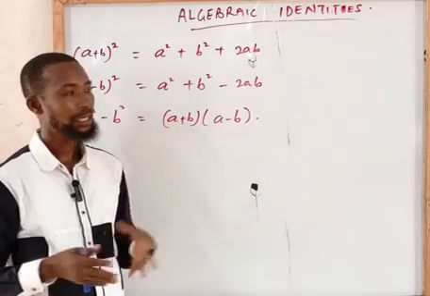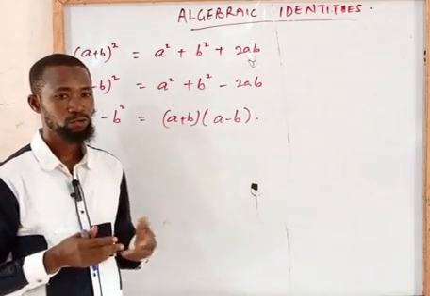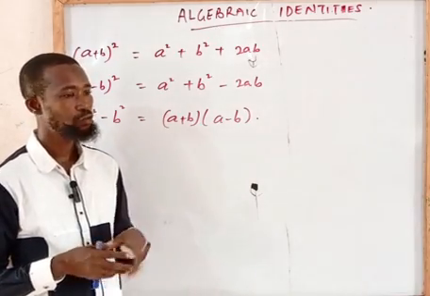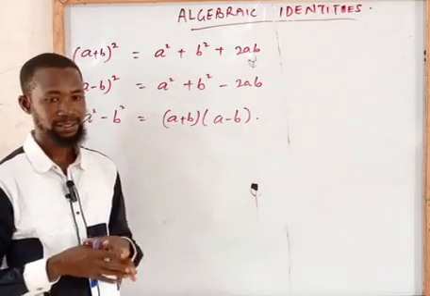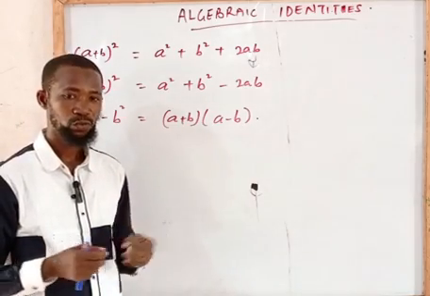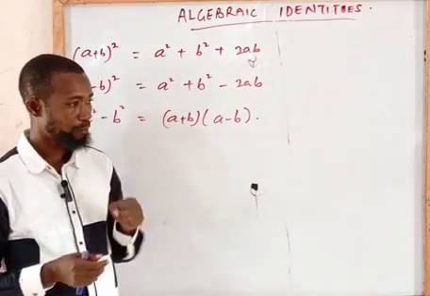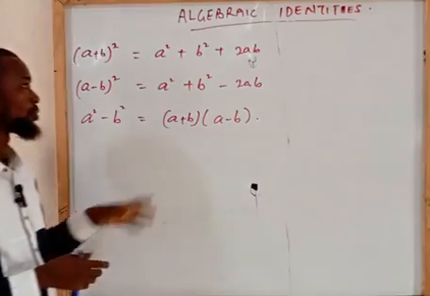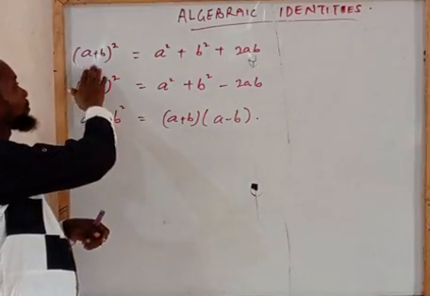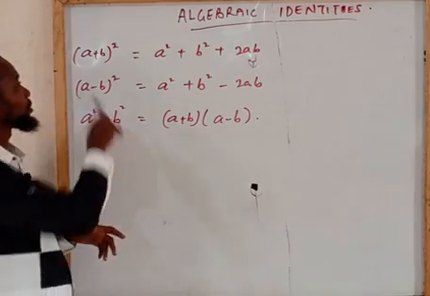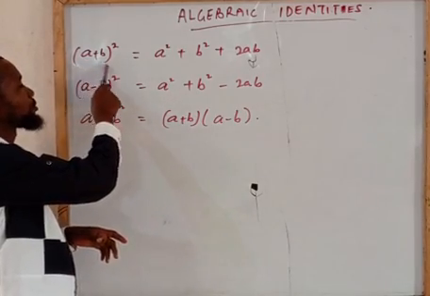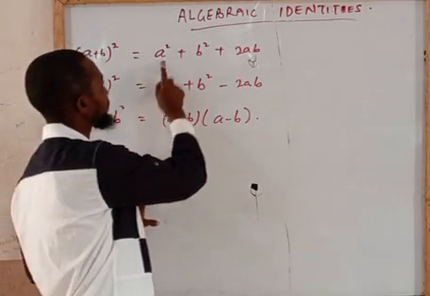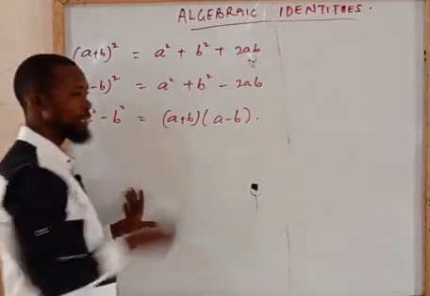But in today's class, we want to solve one or two questions that have to do with the application of identities involving two variables. One of which is, as we have it here, when we have a plus b squared. So the identity for a plus b squared simply means a squared plus b squared plus 2ab.